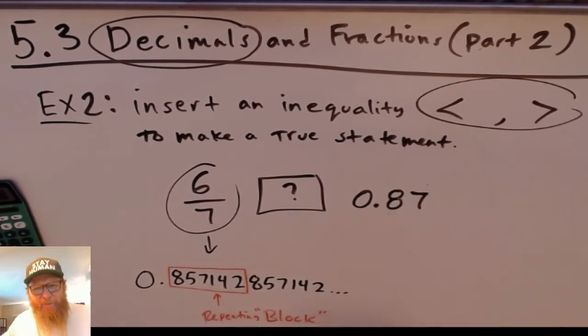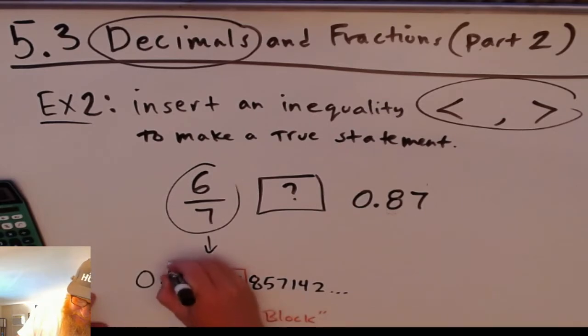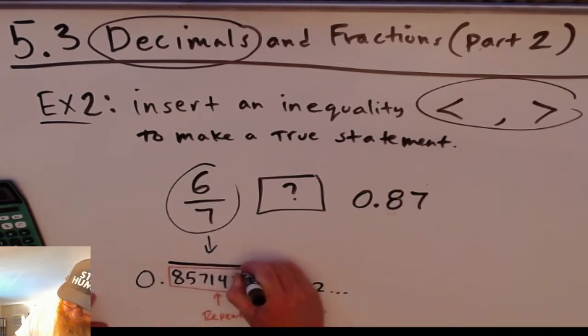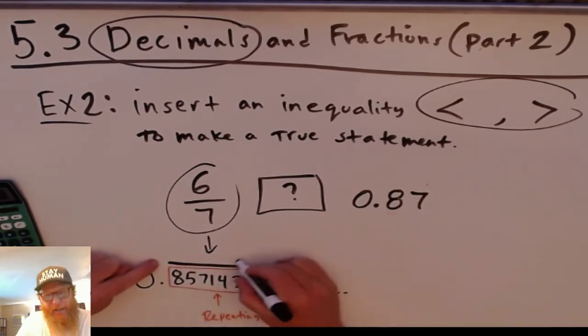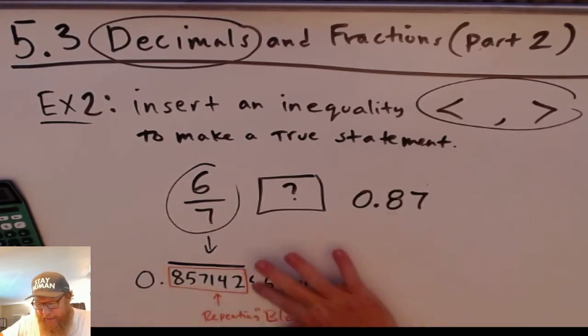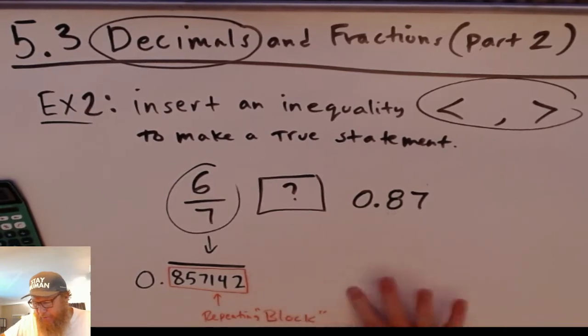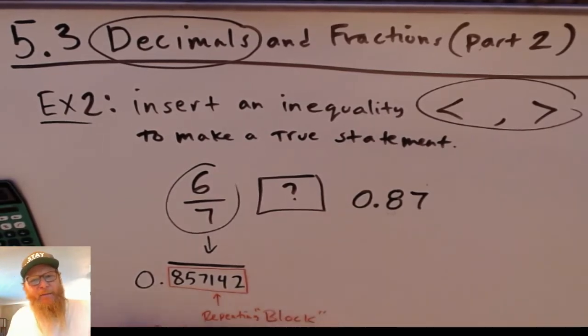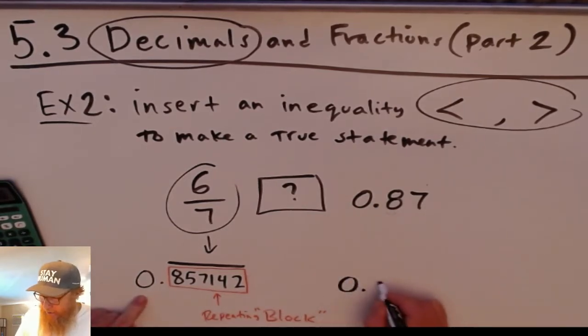When you have a repeating block, you can put a line over it like this. This line indicates that that block repeats itself over and over again, and then we no longer have to write that. That represents an infinite repeating block of decimals, 857142, over and over again. And over here, it's 0.87.